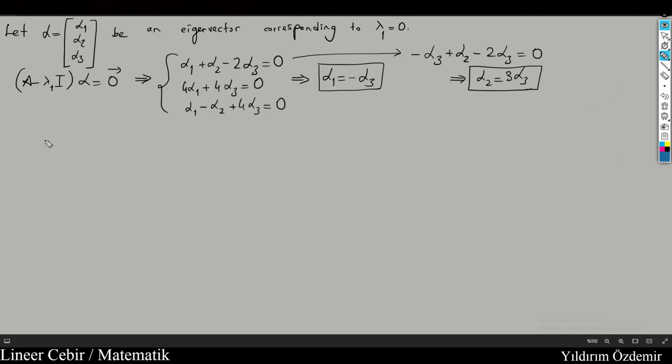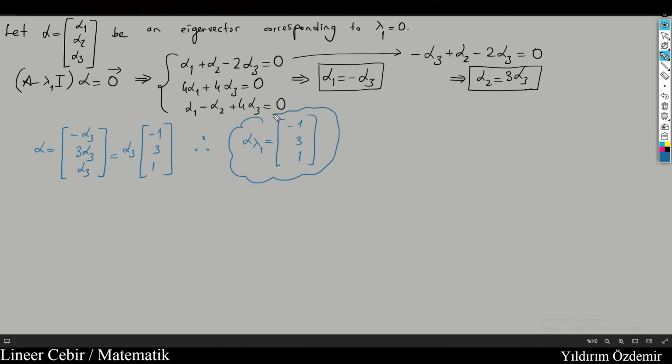So we have alpha 1, alpha 2, alpha 3. Instead of alpha 1 we can write minus alpha 3, 3 alpha 3 and alpha 3, or alpha 3 times minus 1, 3, 1. Therefore the corresponding eigenvector to the eigenvalue lambda 1 is minus 1, 3 and 1. This is our first eigenvector.